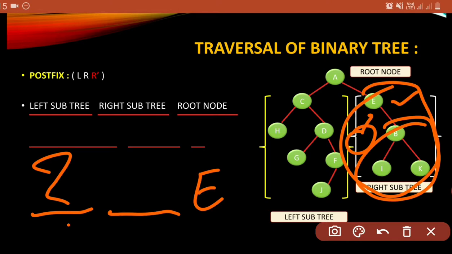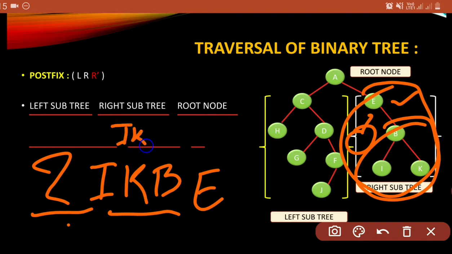Then we have to deal with right only. Right is also a tree. In last we have to write the root. Firstly we have to write the left part and then the right part. We are getting as the right subtree, that is I, K, B, E.